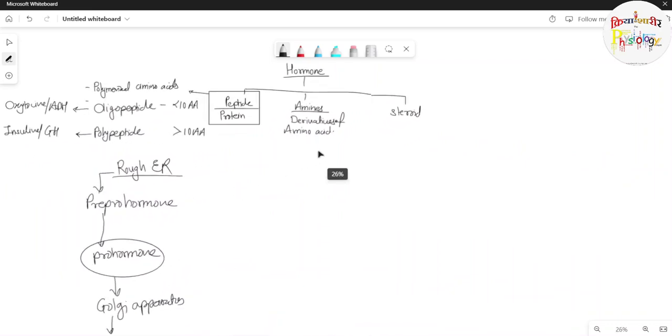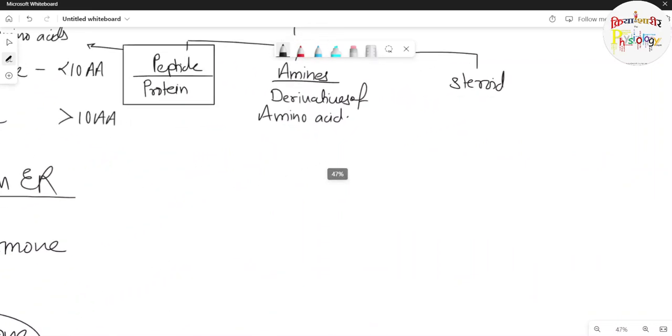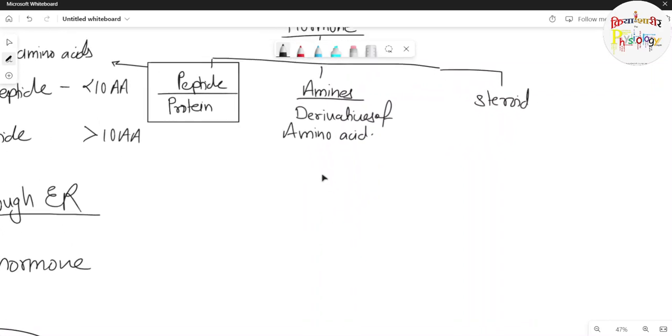Now the amines, or derivatives of amino acids. When amino acids undergo many enzymatic actions, they are converted into amines, and these amines are hormones. Many hormones are derived from a common amino acid, which is tyrosine.